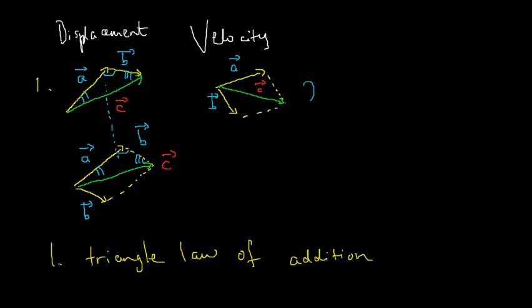And the number two method, number two doesn't mean it's less good, it's just a label. The number two method is called the parallelogram law of addition. So now we have two laws of adding vectors and they give the same answer, and you can use either one depending on which one is more convenient.